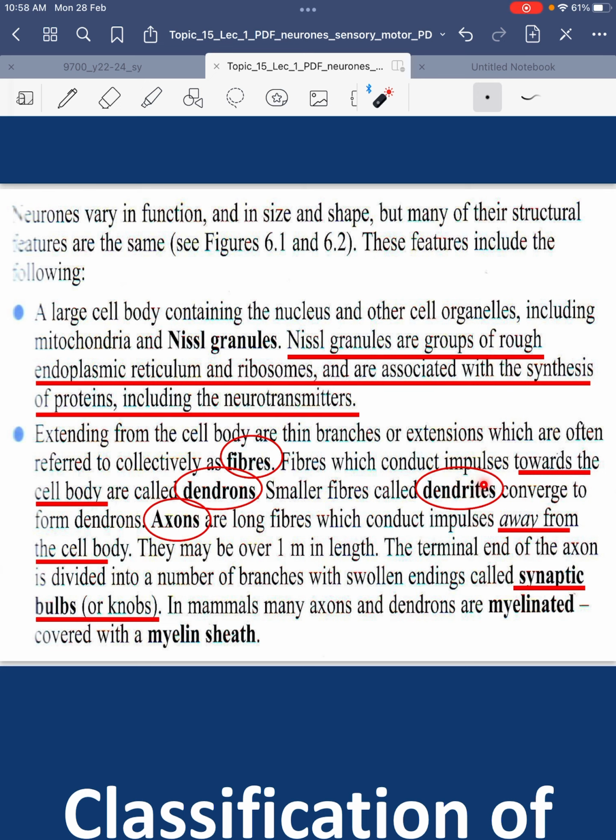Away from the cell body are called axon. Dendrons are bigger. When dendrites converge, they form dendrons. Just like when arterioles converge, they form artery, and when venules converge, they form veins.